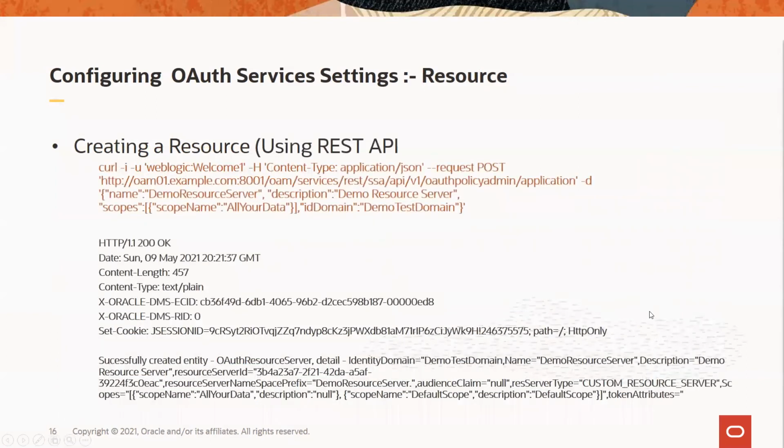Moving further, we see an example of how you create a resource using REST API, and you see an example of creating the resource against an identity domain, and below you see the response, the resource being successfully created and the various attributes seen here. And if you don't give a default scope, there is a default scope. These are all the various things you can specify using REST API while creating the resource.